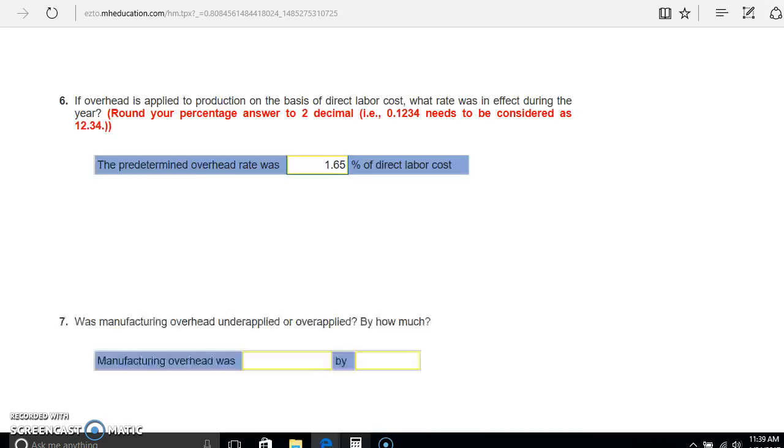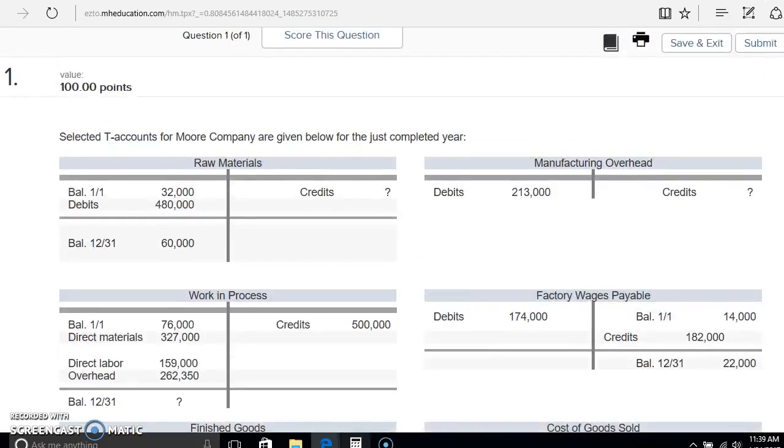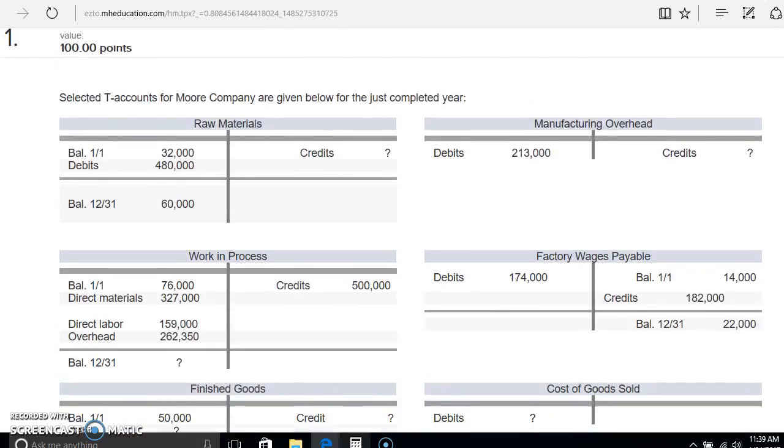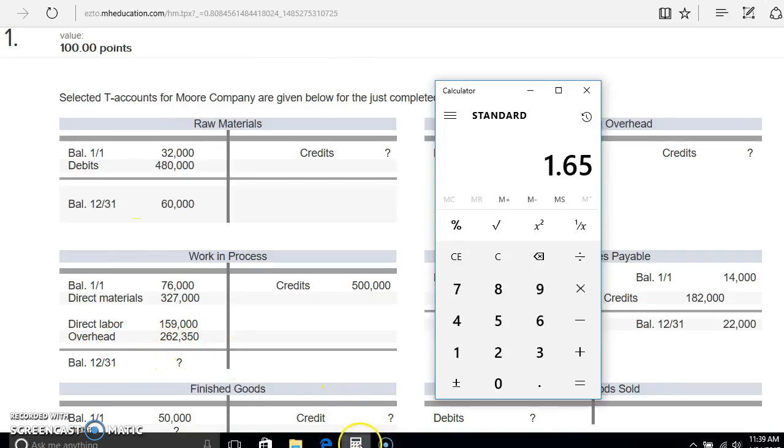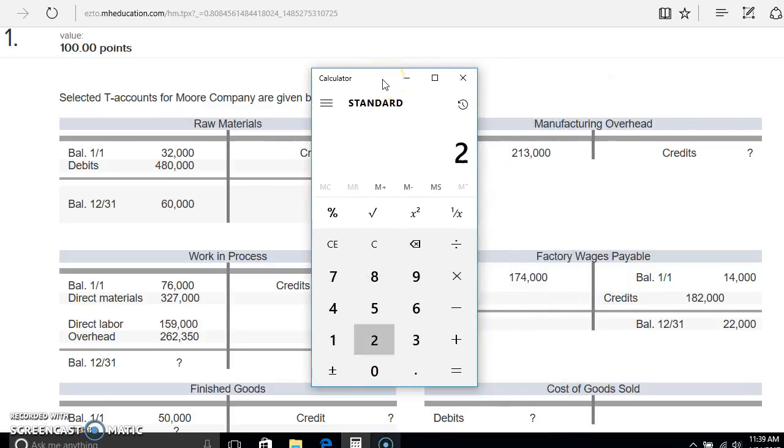And the way we do that is we're just going to go back up here to our T accounts. So our manufacturing overhead was 213,000, our estimate, and then our actual overhead was 262,350. So let's take the difference, 262,350 minus 213. So we have a difference of $49,000.